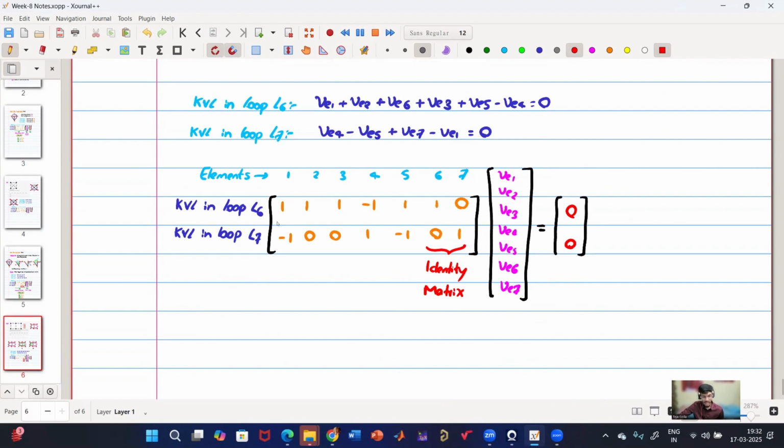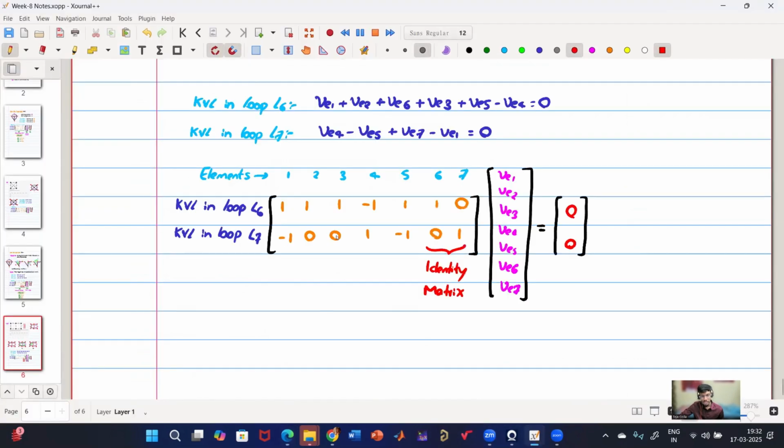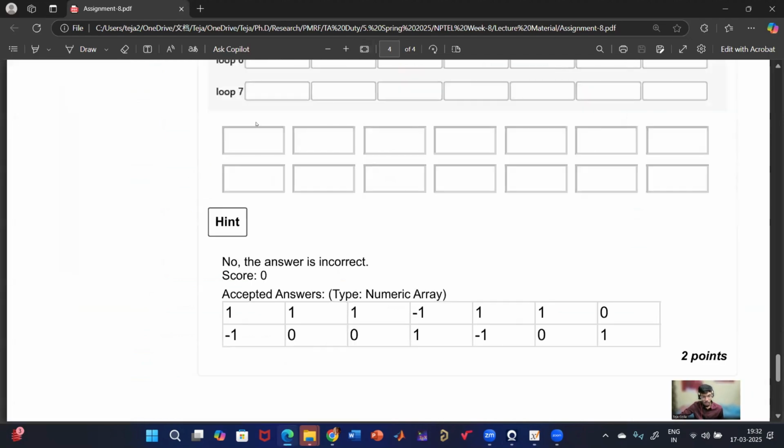So let us check the answer. 1, 1, 1, minus 1, 1, 1, 0. Then the other one, minus 1, 0, 0, 1, minus 1, 0, 1. So answers are matching and you have to write this. So here you have to enter the values properly, so don't make any mistake.